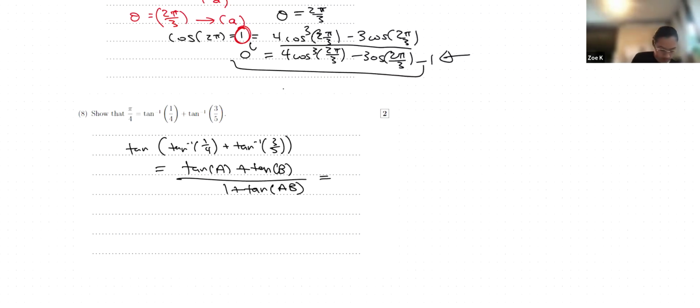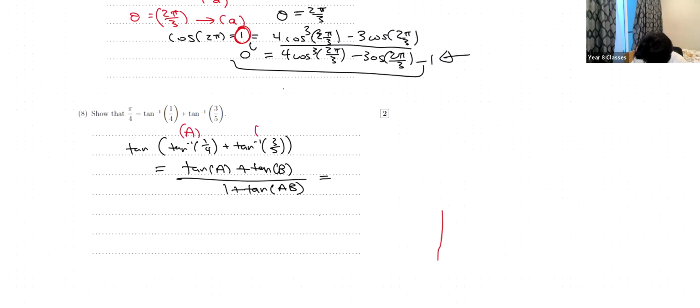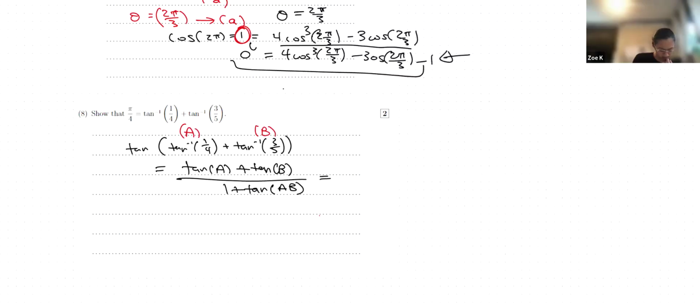I'm just simplifying the fraction. I got 1. Yep, 1 is correct. I'll just write out the working that you've done. And then you tan inverse both sides. And then tan inverse of 1 is pi on 4.